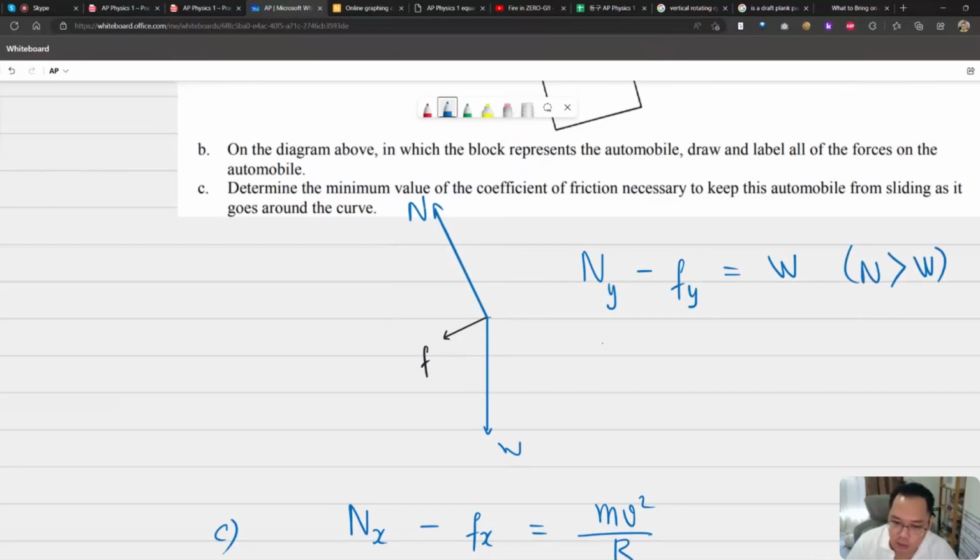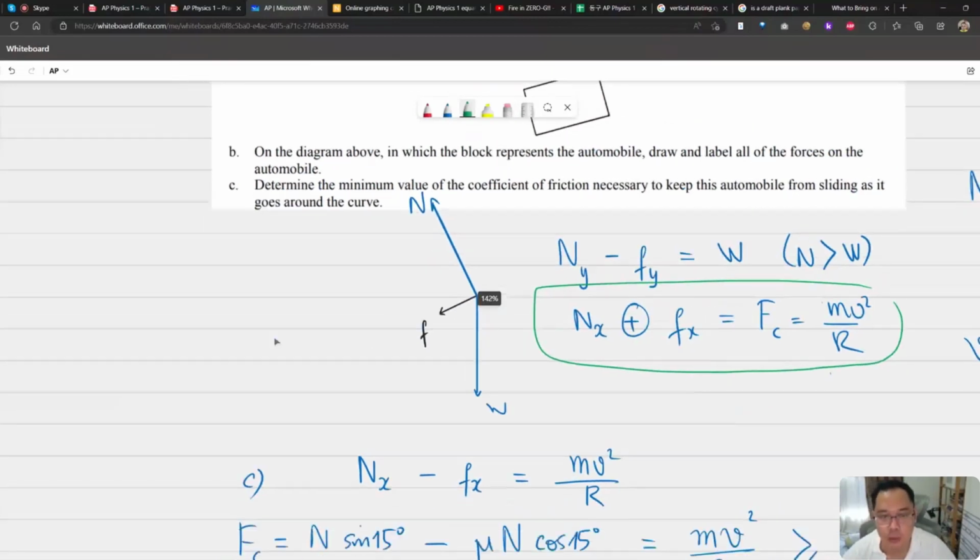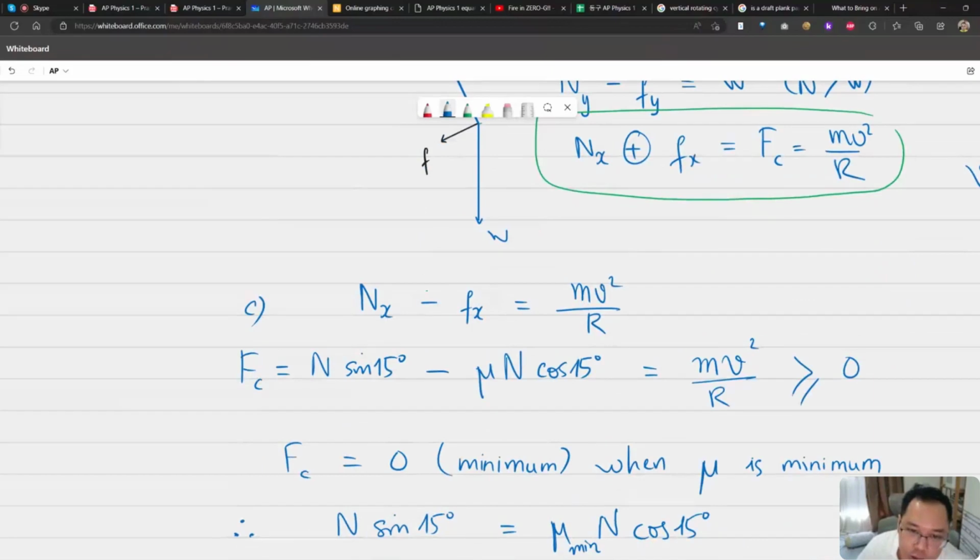Similarly, the horizontal component N added, not subtracted, with the horizontal component of friction is equal to the centripetal force mv squared over r. So we need to change the sign here to the plus sign, and it is the minimum.